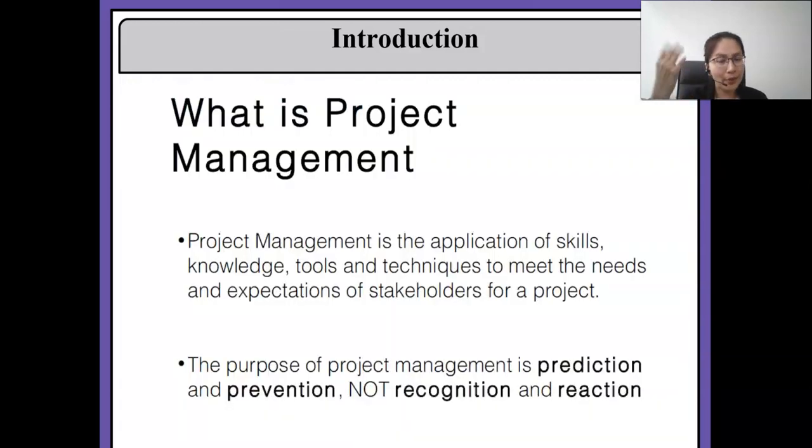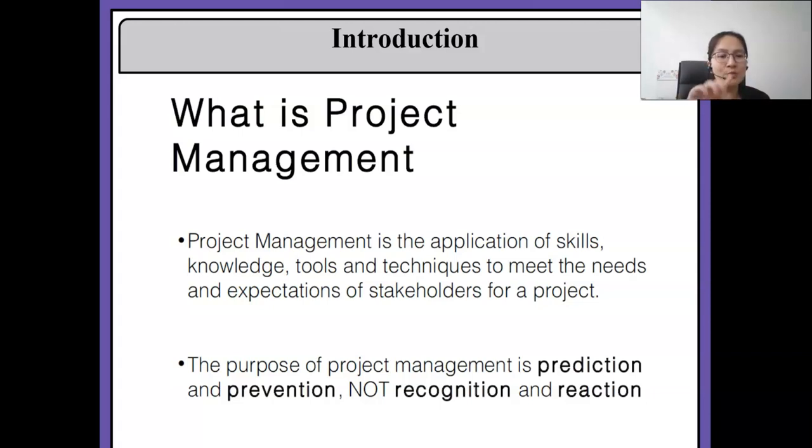So now you need project management skill to help you achieve the project aim, objectives, and solve customer requirements. Remember, project management is predictions, is preventions. It's not recognition, it's not reactions.